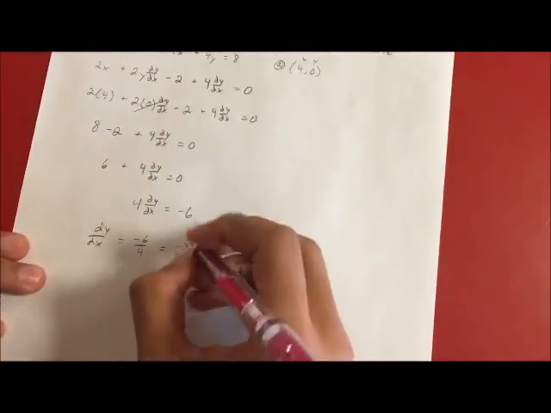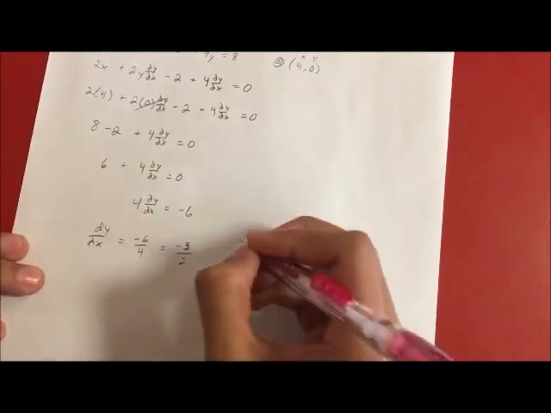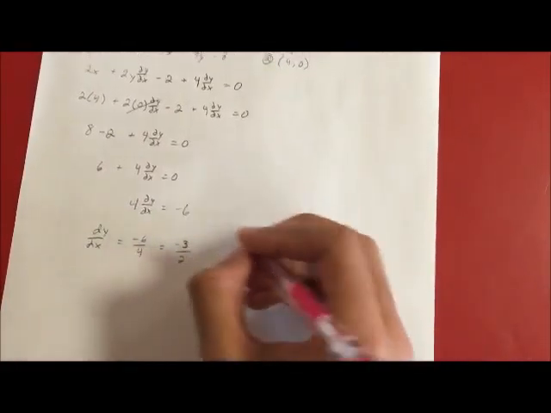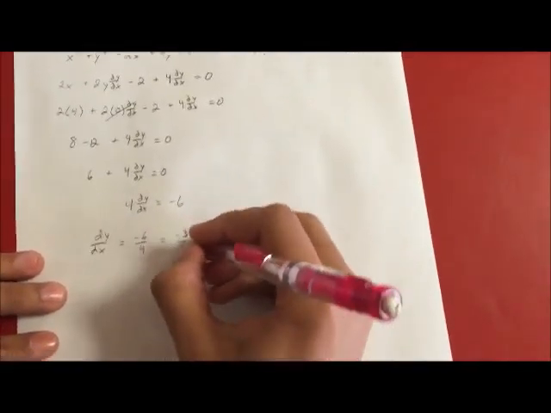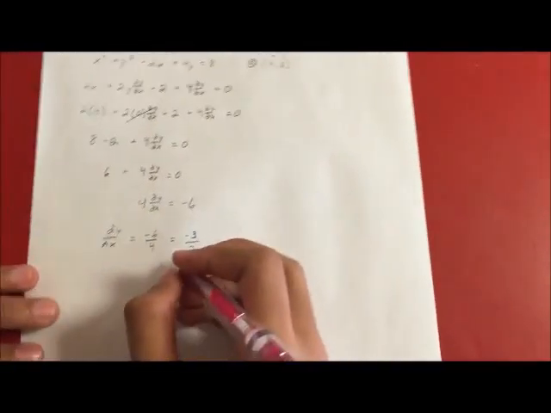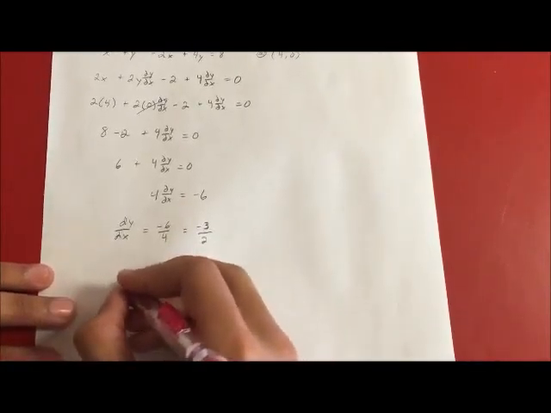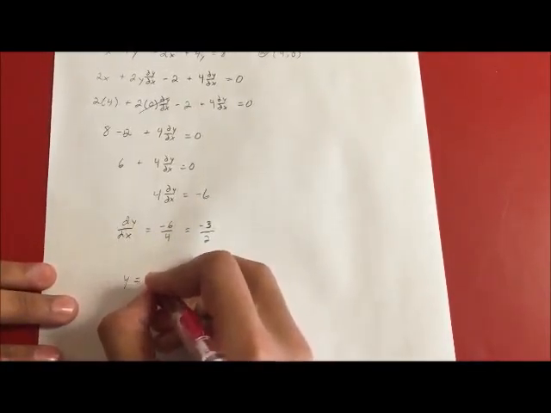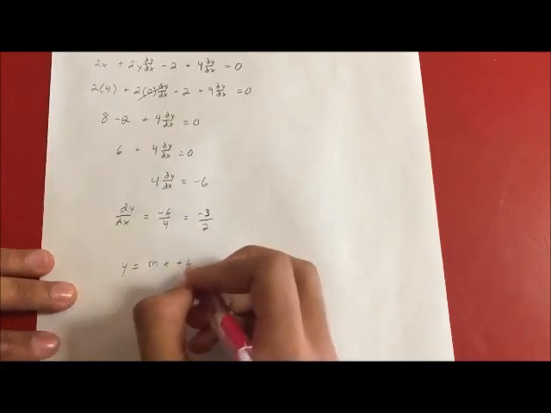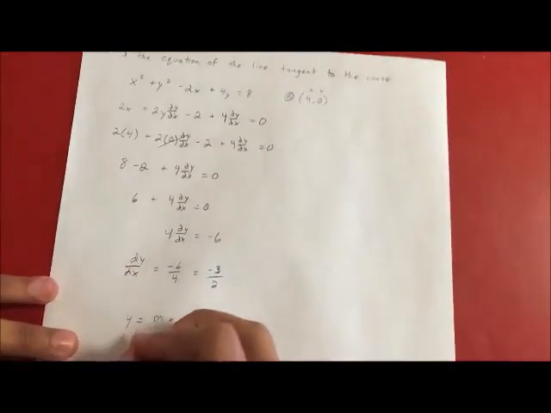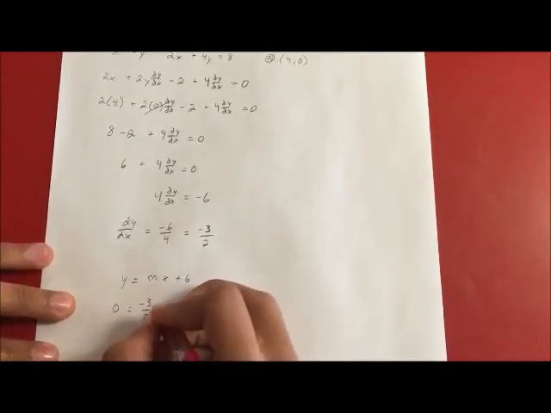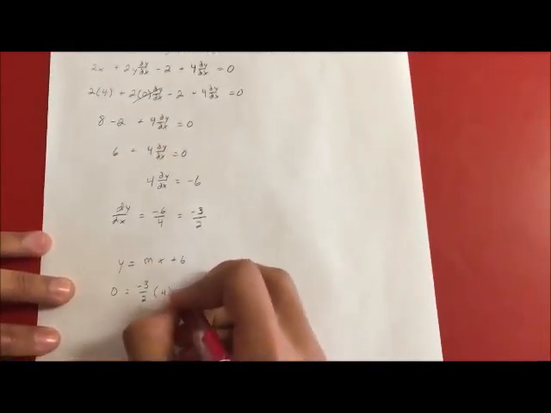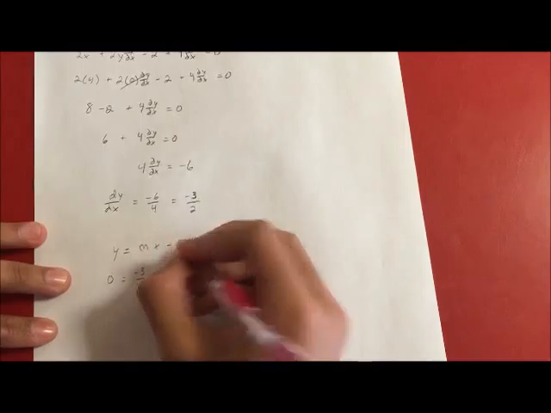Now we know that the derivative is the slope of the tangent line to the curve. So what we're going to do is put this slope into y equals mx plus b to find the equation of the line. So let's write that, y equals mx plus b. We have our point here. y is 0. Our slope is negative 3 halves times our x value, which is 4, plus b.